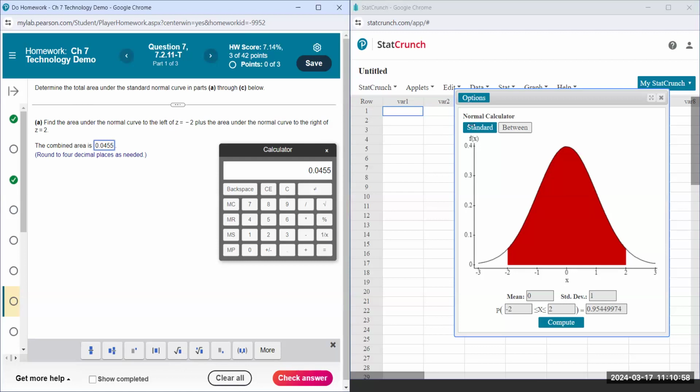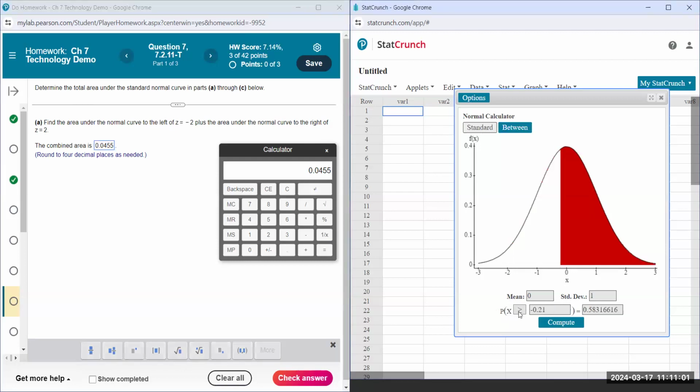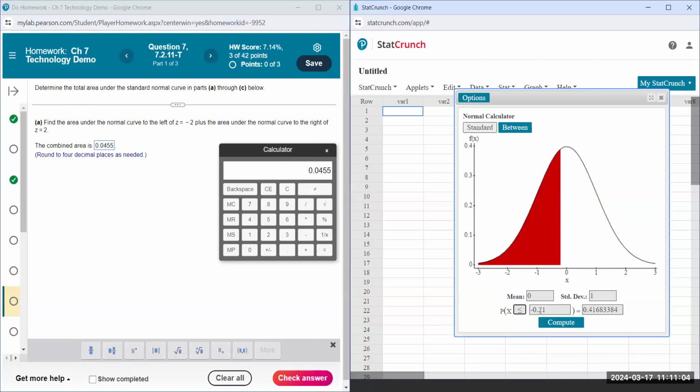Another way you can do this is just put it back as a standard and say, okay, what's the area to the left of -2? And that's this number here, 0.0228. And then to the right of +2, it's also symmetric, so it's the same space that it's taking up.